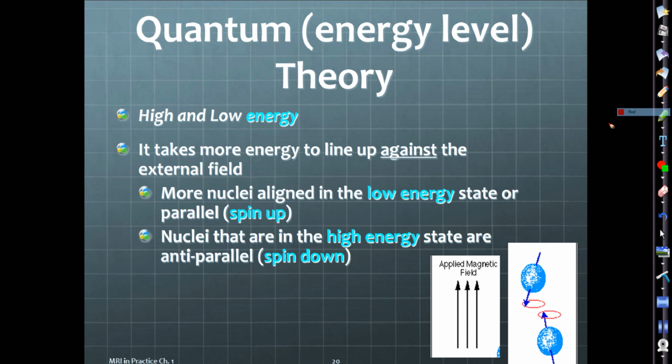So with that being said, if this is B sub 0 pointing up, which one is the low energy and which one is the high energy? The top one is the high energy, the bottom one is the low energy. Good. High energy is the top one because it's opposing the static magnetic field, and the low energy is the bottom one.